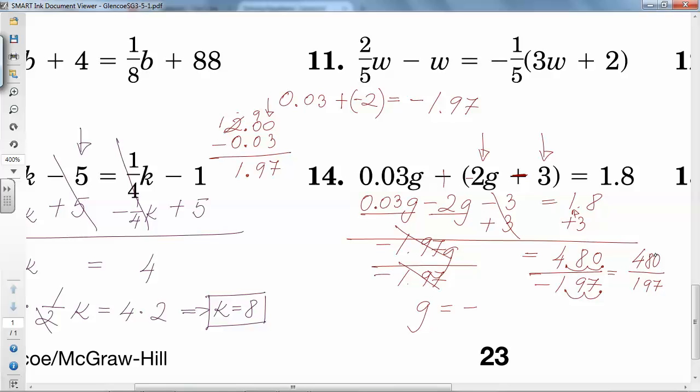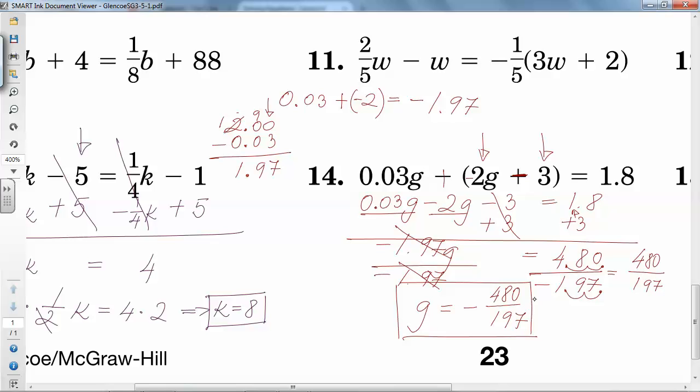I know 48 is divisible by 3. How about 197? Well, how can we find that? You add the digits. 1 plus 9 is 10 plus 7, 17 is not divisible by 3, right? So I have 480 over 197.